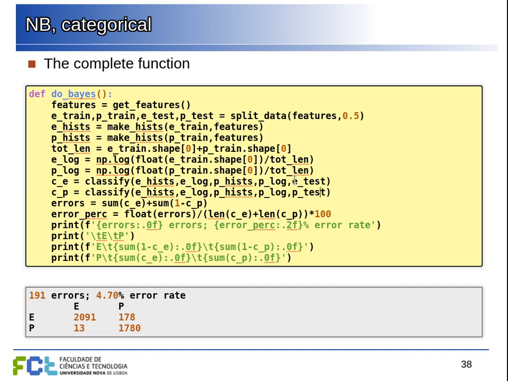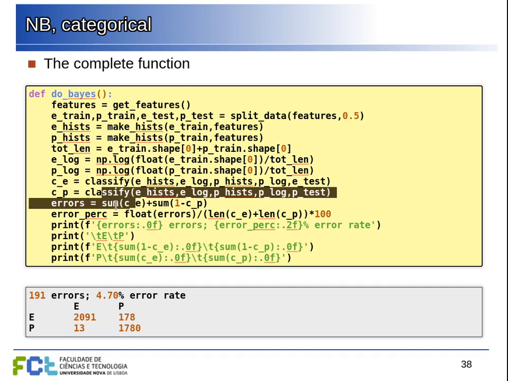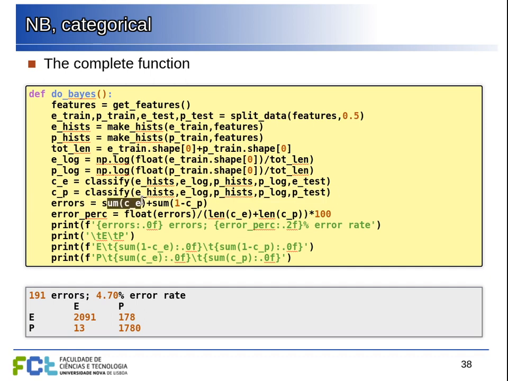Since we have edible mushrooms in the test set, these are errors if we classify them as 1, because edible is class 0. If we classify the edible as 1, these are errors. The poisonous we consider to be class 1, so these are errors if we classify the poisonous mushrooms as 0, as edible, and so we sum these errors here.